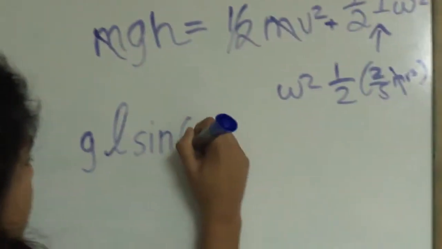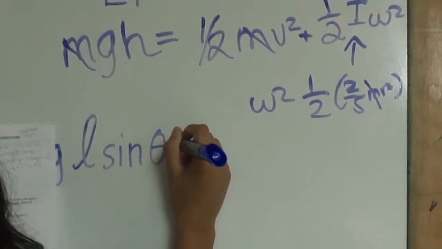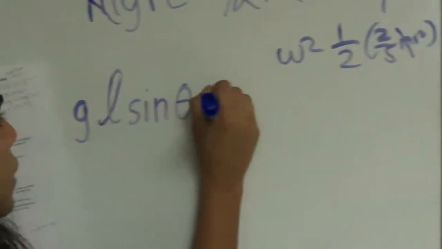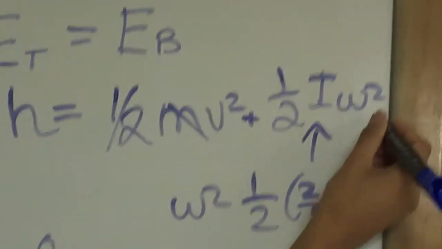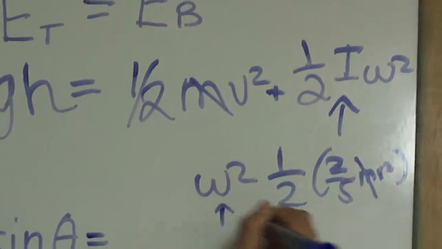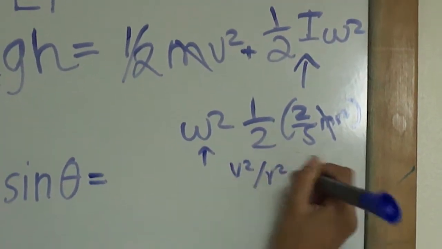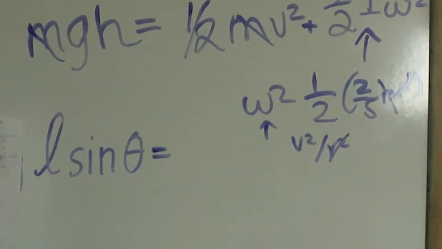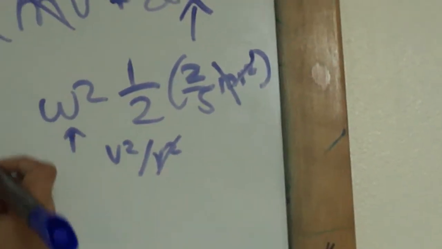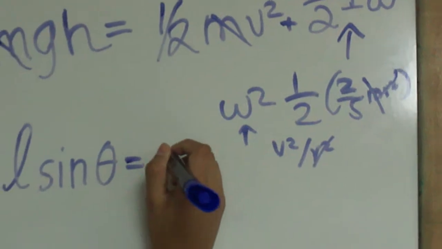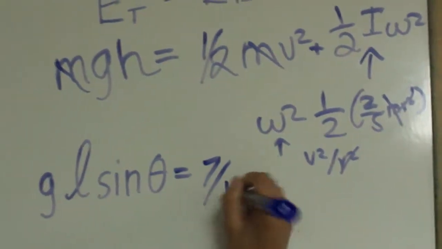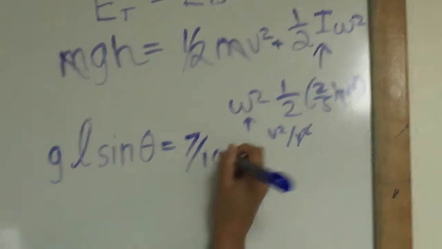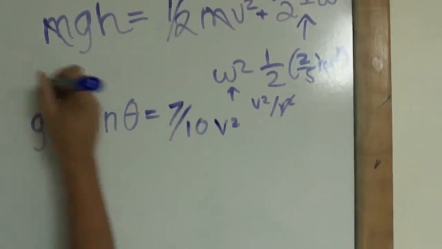So gL sine theta is going to equal, with omega squared equal to v squared over r squared, so the r squareds will cancel. We've done that plenty of times. And so this all simplifies into 7/10 v squared.